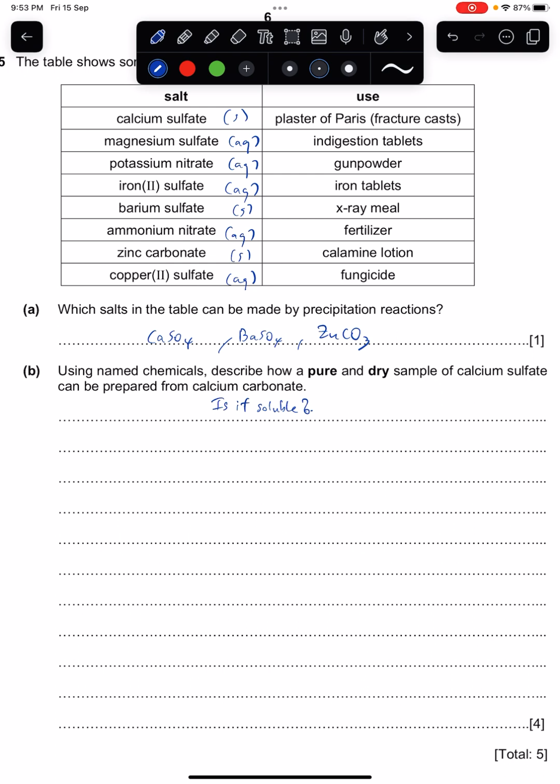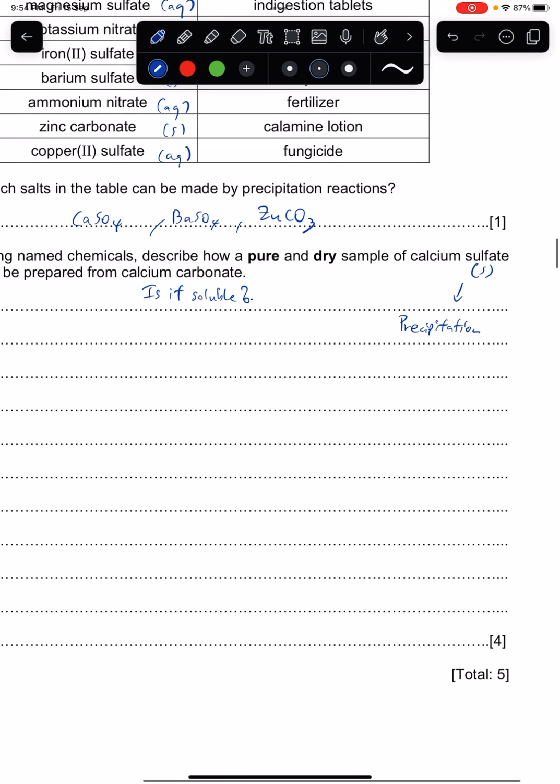So you have to make calcium sulfate, which is insoluble. You recall, insoluble only has one method, we call it precipitation. Precipitation is a very generic reaction. I just have to mix any 2 soluble substances, which give me an insoluble and a soluble product.